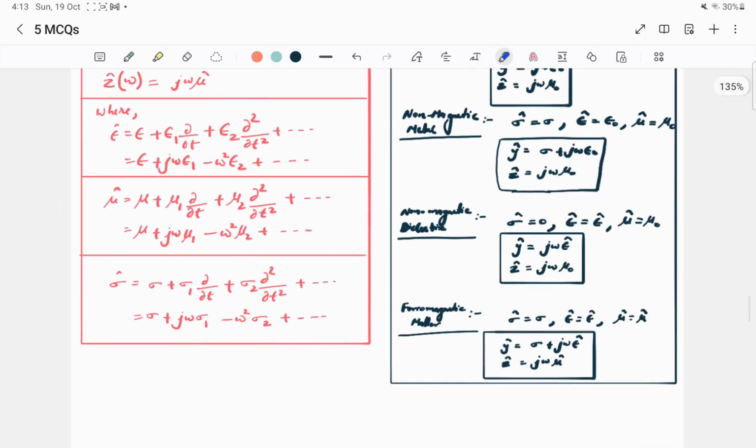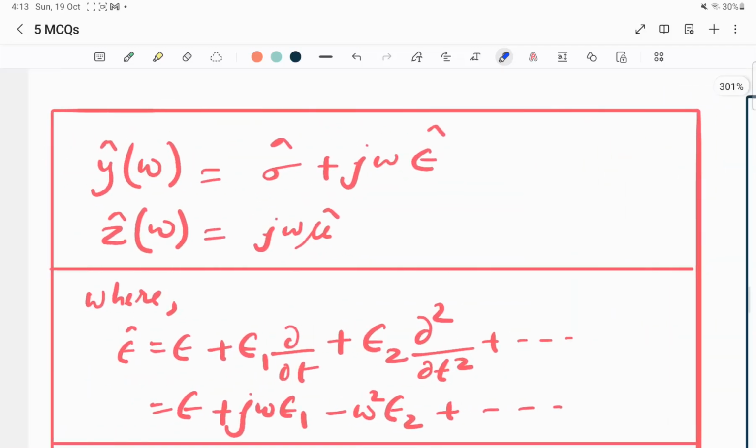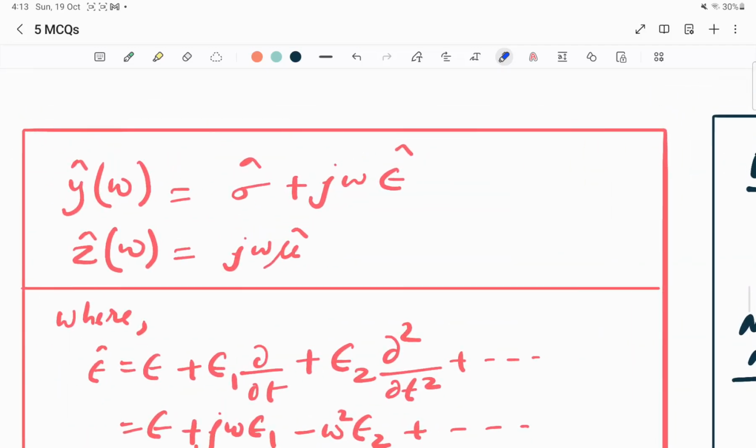Before starting, let us look at what admittivity and conductivity are. The admittivity of a material is given by the relation y cap, which is a function of omega, equal to sigma cap plus j omega epsilon cap, where sigma cap and epsilon cap are the complex conductivity and complex permittivity of the medium, and y cap omega is the complex admittivity of the medium.